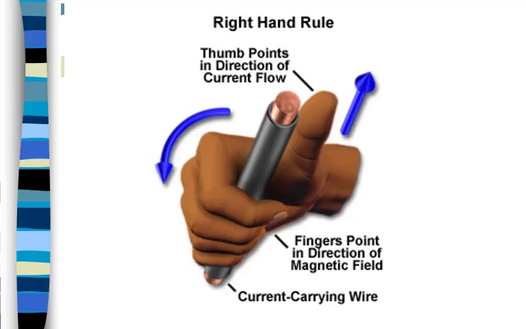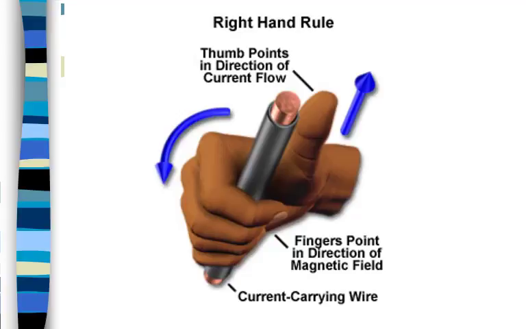So the way that we know the direction of the field coming around a wire is another right-hand rule. What I want you to do is take the tip of your pencil and have that represent a wire that's continuing, and that's the direction of the current. So imagine the tip of that is the wire, and the direction of the current is going upwards. Grab the pen or pencil with your right hand and have your thumb go in that same direction as the tip of your pencil.